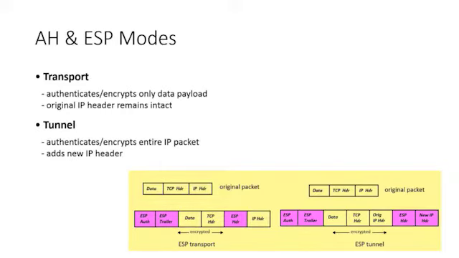And then we talked about those modes, right? I mentioned the modes, the tunneling mode and the transport mode. Now the transport mode authenticates and encrypts only the data payload. The original IP header remains intact. So if you have that networking background, you know that if the header remains intact and we start traversing over networks and start going through the internet, everybody can see that header information.